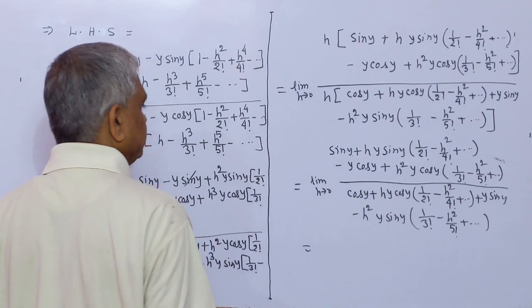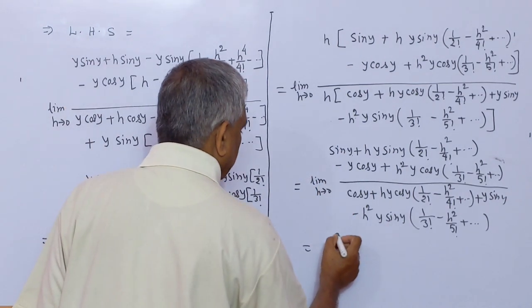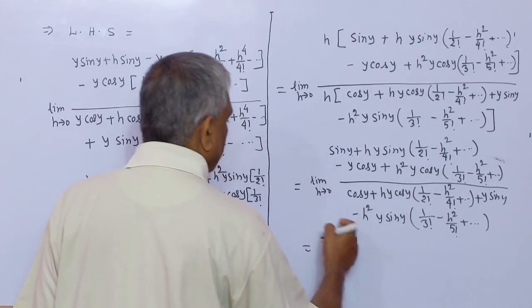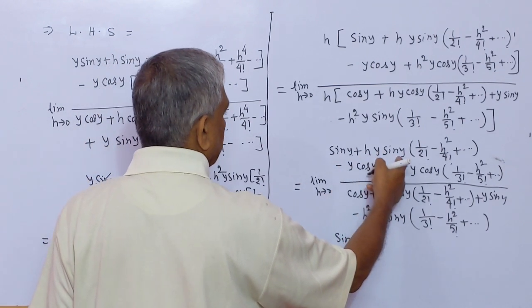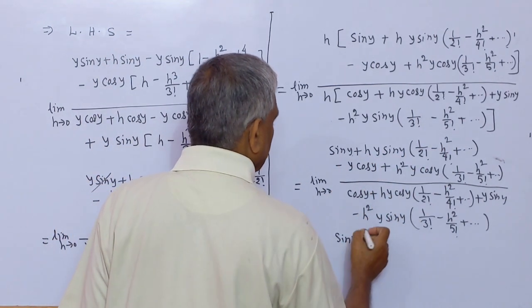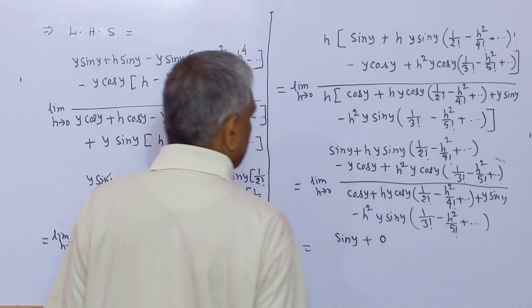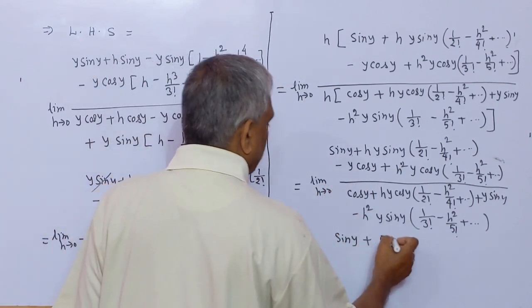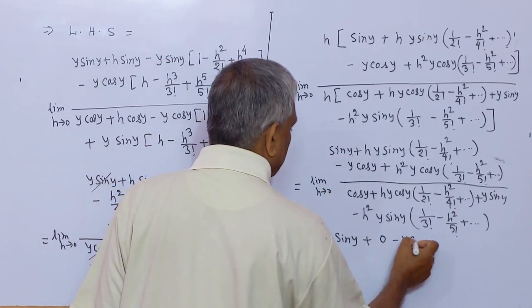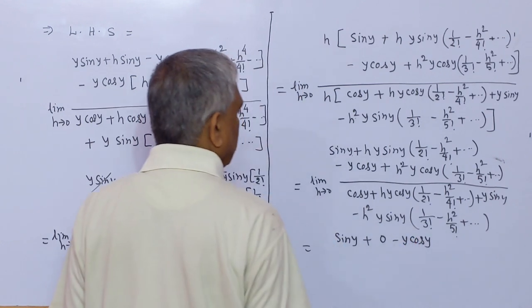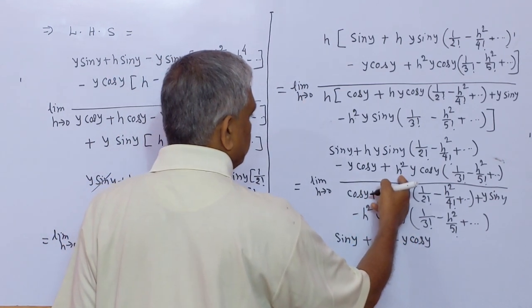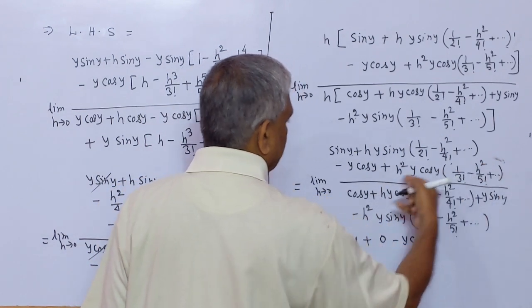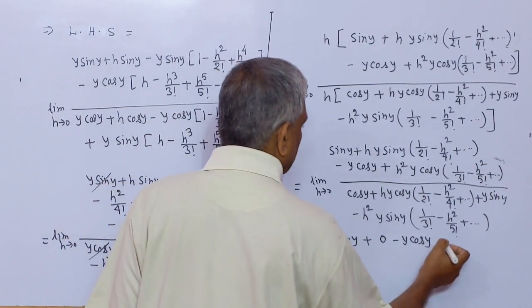This is equal to here sin y, using limit h tends to 0. Here 0, 0 multiply this, 0. Here remains minus y cos y, using limit h tends to 0, this is 0, 0 multiply this quantity, 0.